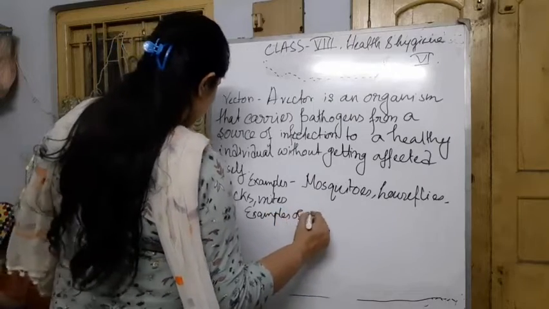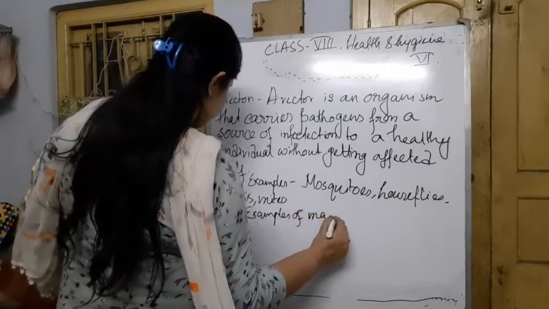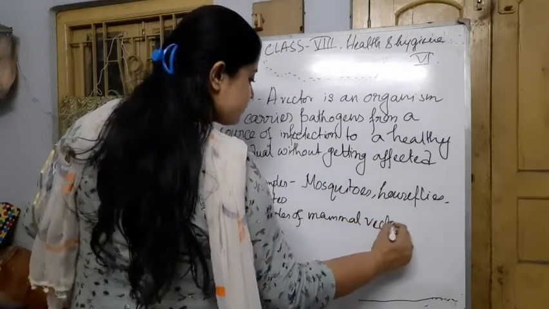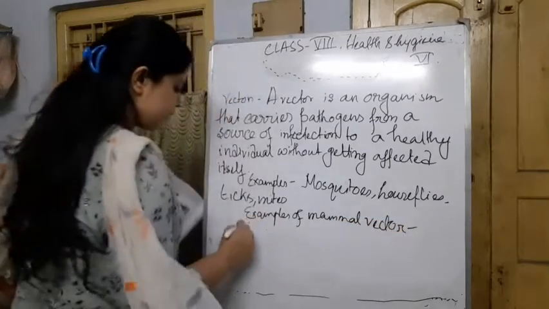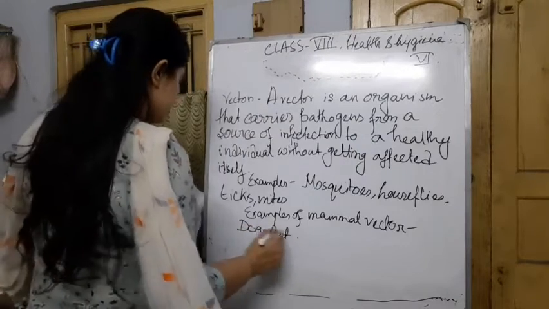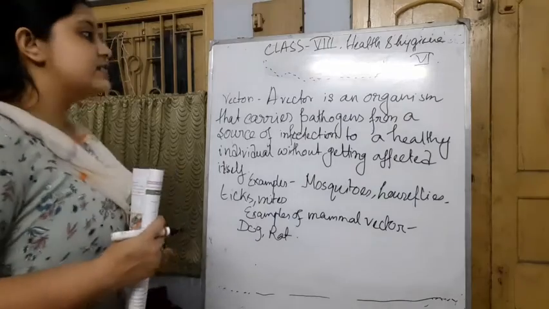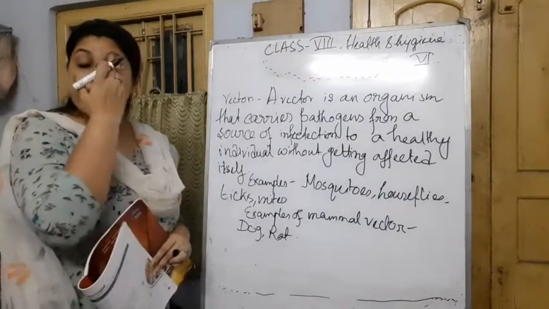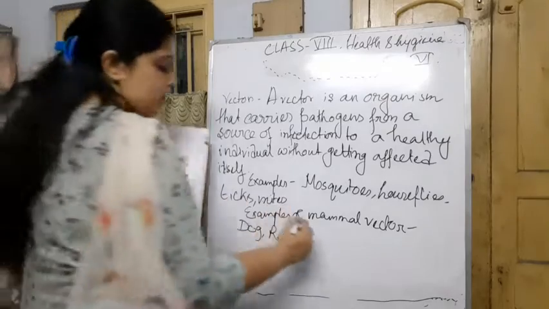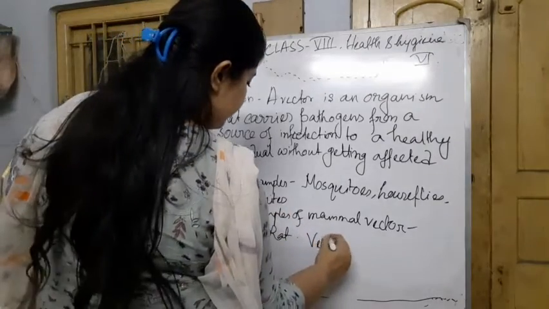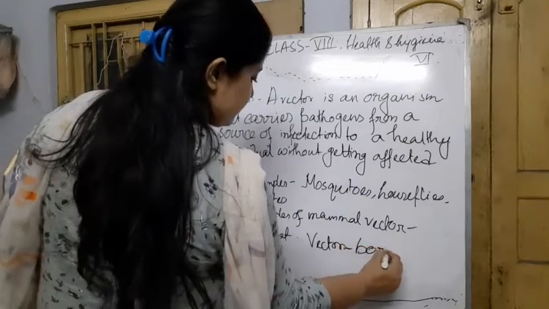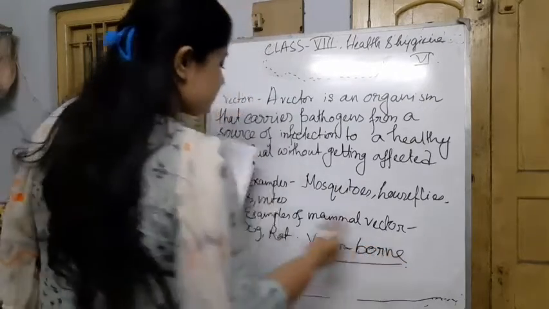Examples of mammal vectors are dog, rat, etc. The diseases which are carried by vectors are called vector-borne diseases.